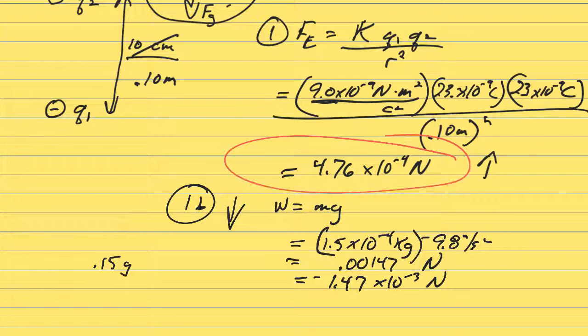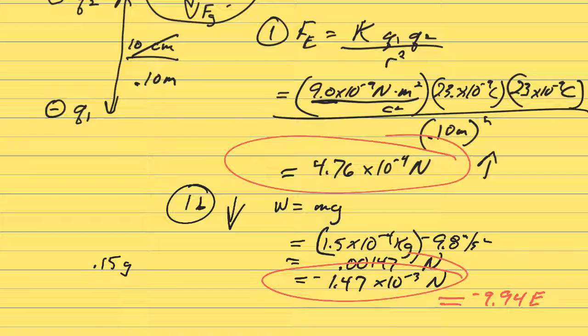These are the two numbers I'm subtracting. And this turns into negative 9.94 EE negative 4th. So that's my overall, it's a negative number, so it's down. We know that's down because it's falling.